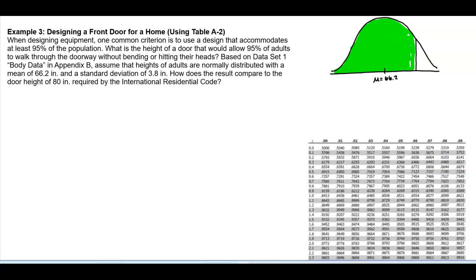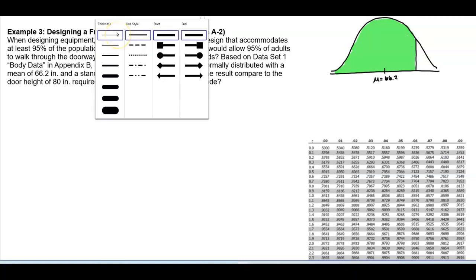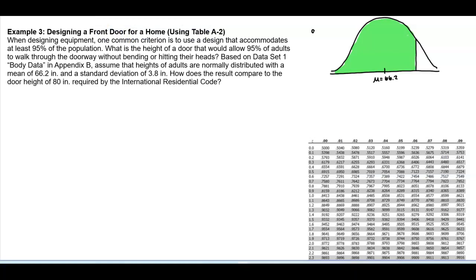So we're given the fact that this area is 95%. So let's go ahead and then write that in here. So we know that 95% is the same thing as 0.9500, which represents that area. And so what we're looking for is what is this x value. So we need to find out what is that x value.